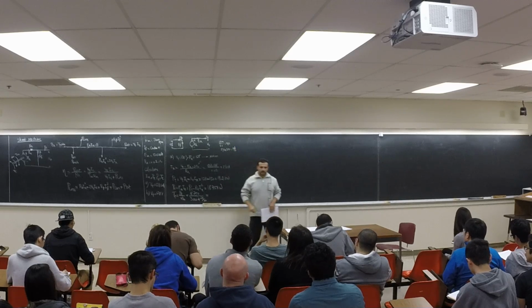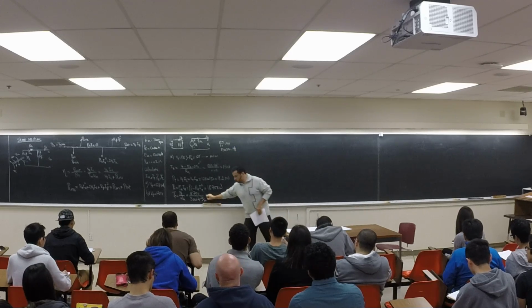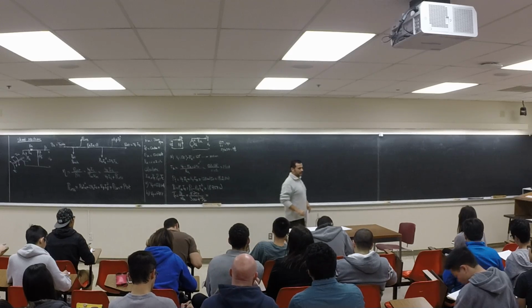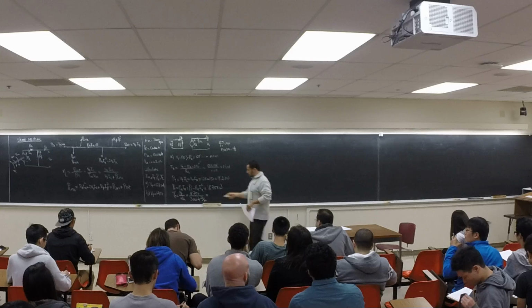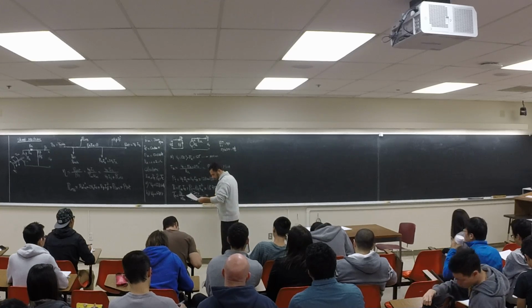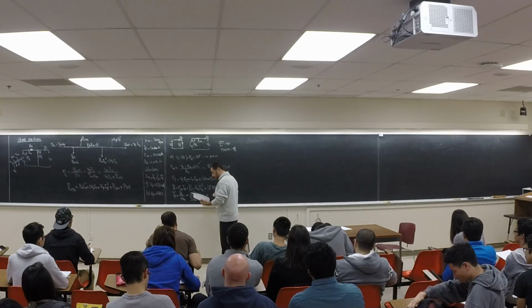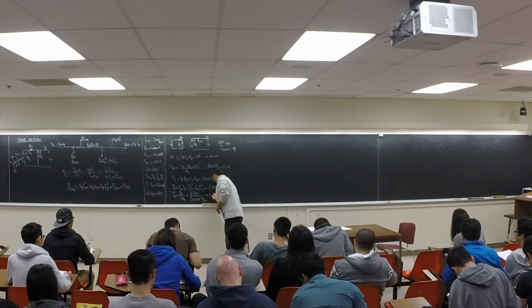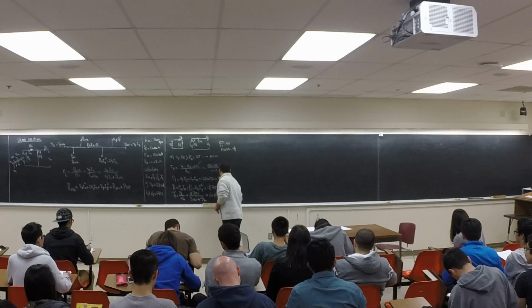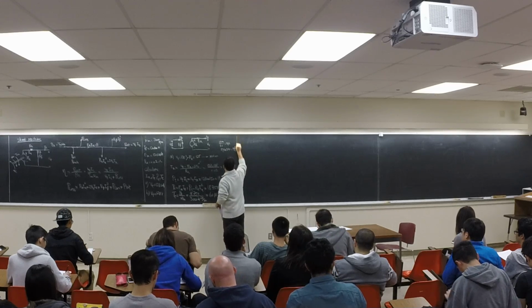Just keep it in mind: 2 pi over 60 is how to convert RPM to radian per second. If you calculate this one, it ends up at 16 Newton meter. This was a very simple example.